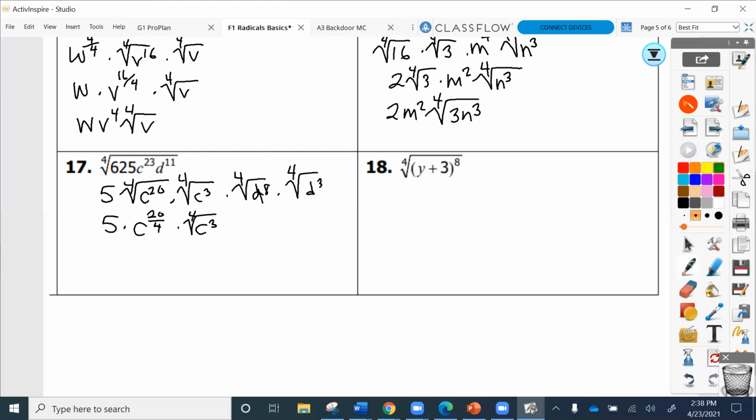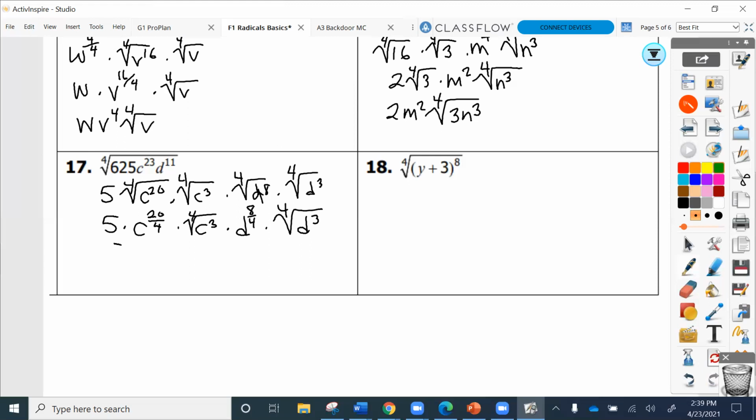Can't do anything with that because we don't have enough c's. But here we can write it as d to the 8 divided by 4. And then this, we can't do anything with it because there's not enough d's to come out.